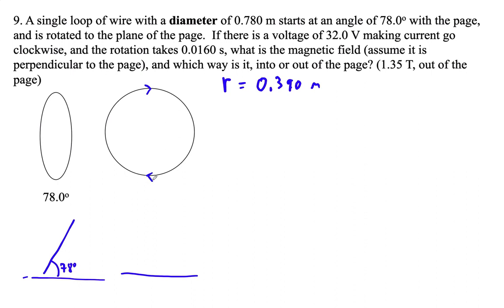Okay, so let's think this through. The response to this is to create flux into the page. So I think what that means is that we have a magnetic field that's out of the page. Sometimes I have to go backwards, okay? So I think that there's dots.